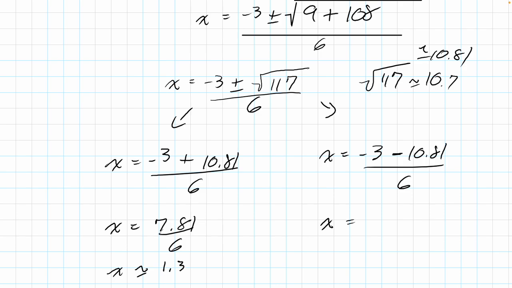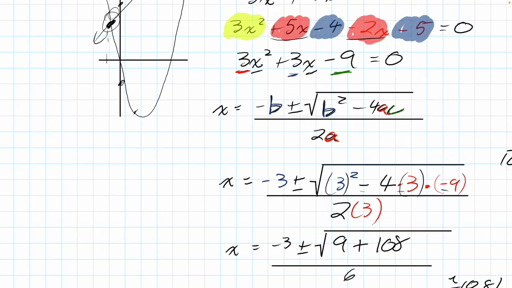And then the other one, we're going to get negative 13.81 divided by 6. X is approximately negative 2.3-ish, I think. Are those about right? The first one's right. The second one, negative 13.81 divided by 6, negative 2.3, yeah. Good. All right. Good estimating by me.